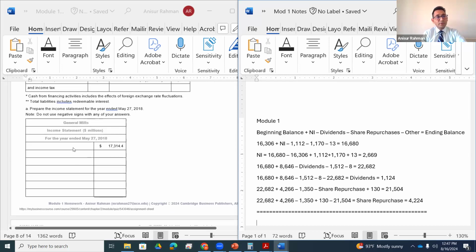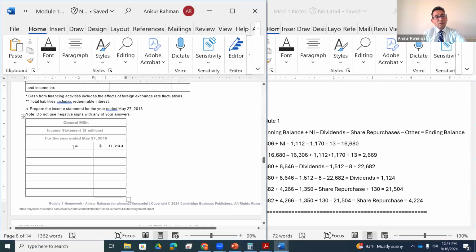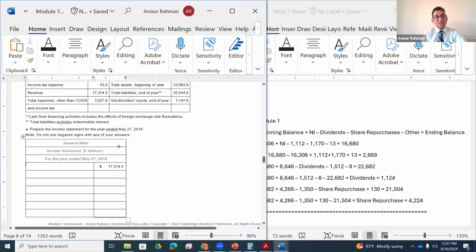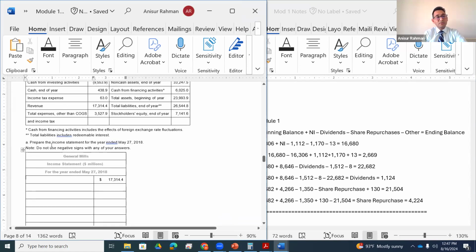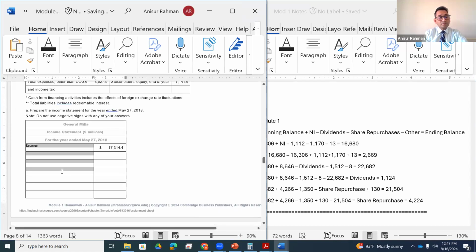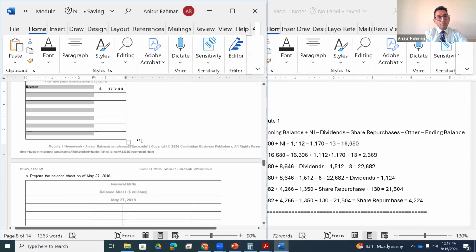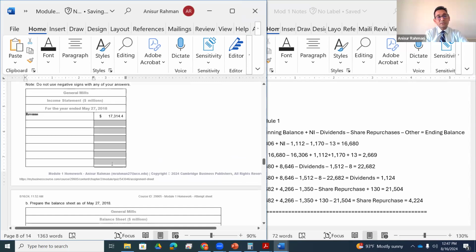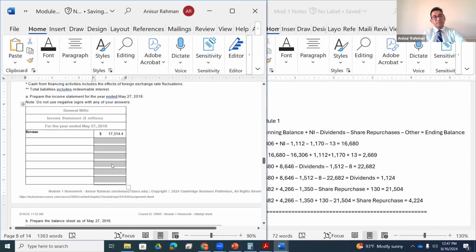Okay, so here, income statement, this number, 17,314, it is revenue. So I'll write down revenue here. Bold to indicate these are the cells we worked on.